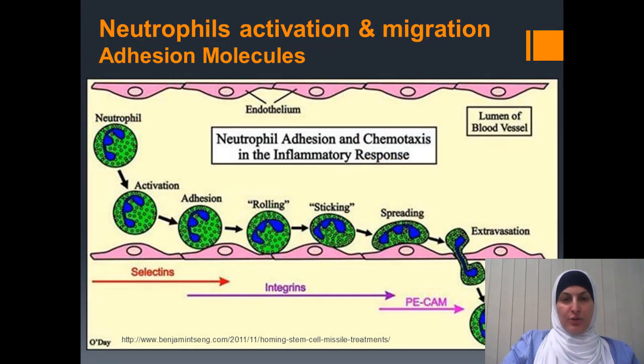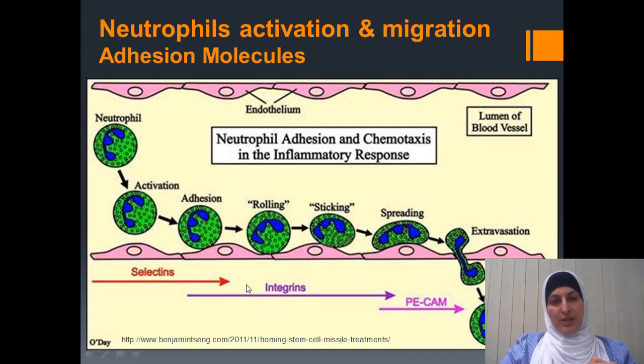So as you see, during the process of moving of the neutrophils from the middle of the blood vessel to the margin until it gets out of the blood vessel, there are different types of adhesion markers that have been expressed. Initially, selectins would be expressed, and this would allow the initial adhesion of the leukocytes.